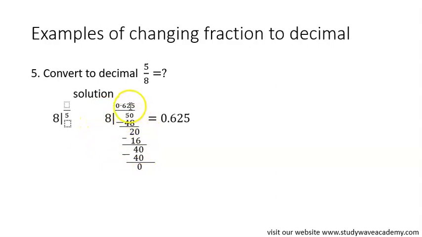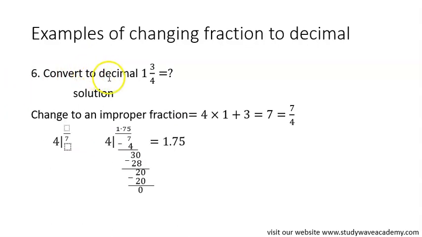You write 5 up, and 5 times 8 will give us 40. So 40 minus 40 is 0. So our answer is 0.625. Changing 5 over 8 to decimal, you have 0.625. Do we understand that? So we now know how to change fractions to decimal, right? Good.